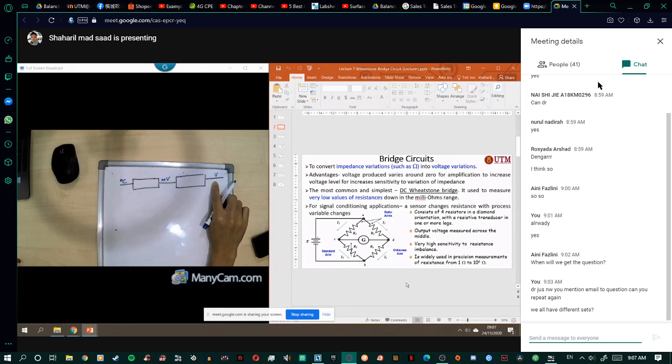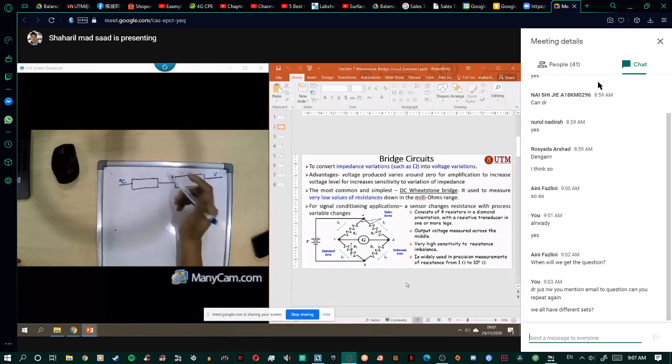This is the purpose of using the op-amp. But some of the sensors, some of the transducers, the output is not in millivolts, it can be in terms of ohms, resistance. Then you want to convert it into voltage, so in this case you can use the Wheatstone bridge, WB.